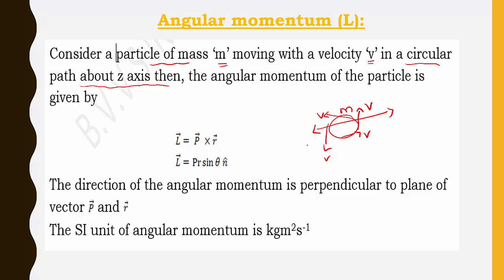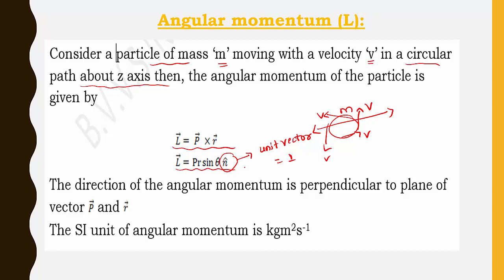Then the angular momentum of the particle is given by the equation L equal to P cross R. Again this is a cross product, or we can write the equation L equal to PR sin theta n cap. n cap is a unit vector and its value is always equal to 1. Is it clear?